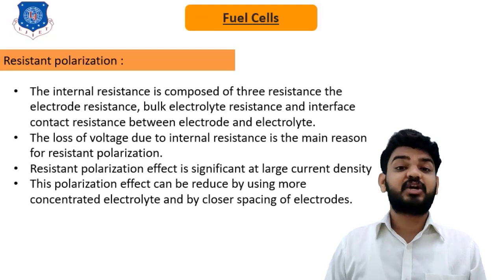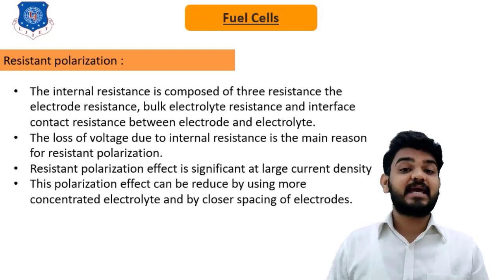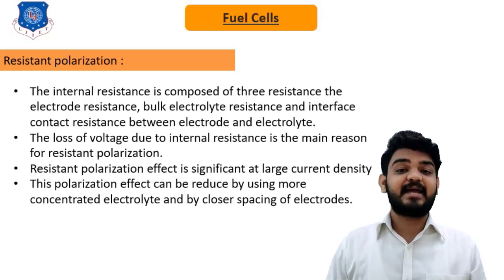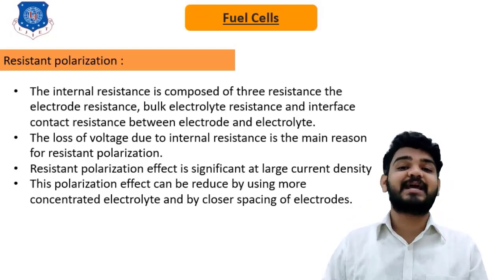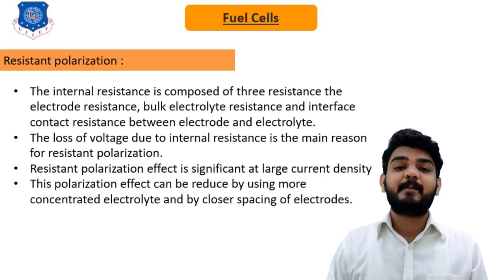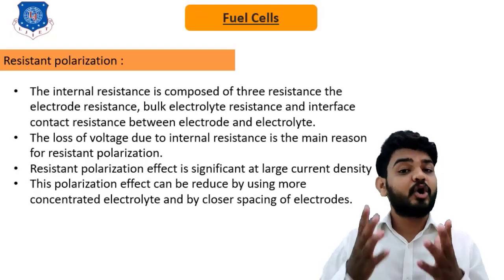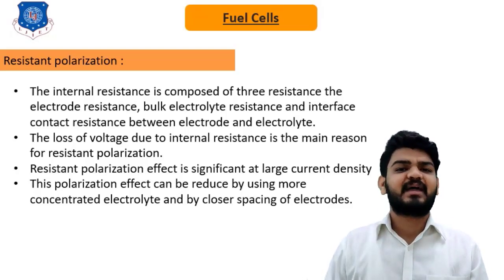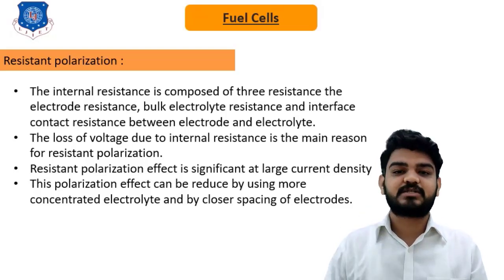The loss due to internal resistance is the main reason behind this resistance polarization. Well, this effect can be reduced by using more concentrated electrolyte and closing the spaces between electrodes.